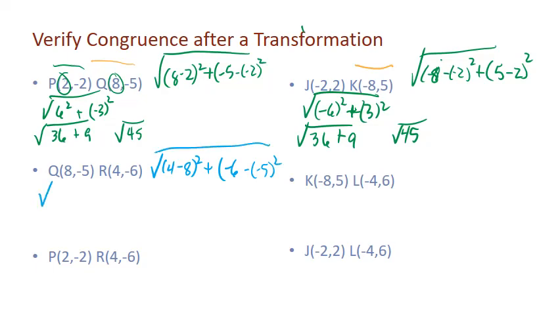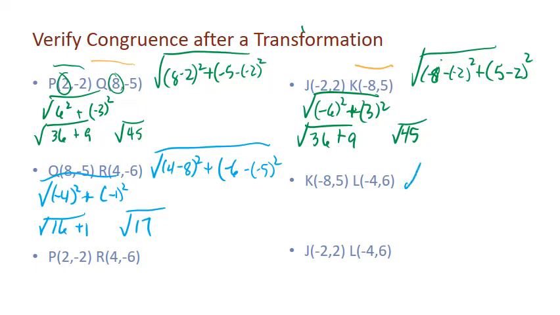Okay, so then 4 minus 8 is negative 4 squared, plus negative 6 minus negative 5, that makes that a plus. Negative 6 plus 5 is negative 1 squared. And negative 4 squared is 16, and negative 1 squared is 1. So we're looking at the square root of 17. Hopefully KL is going to be the square root of 17.